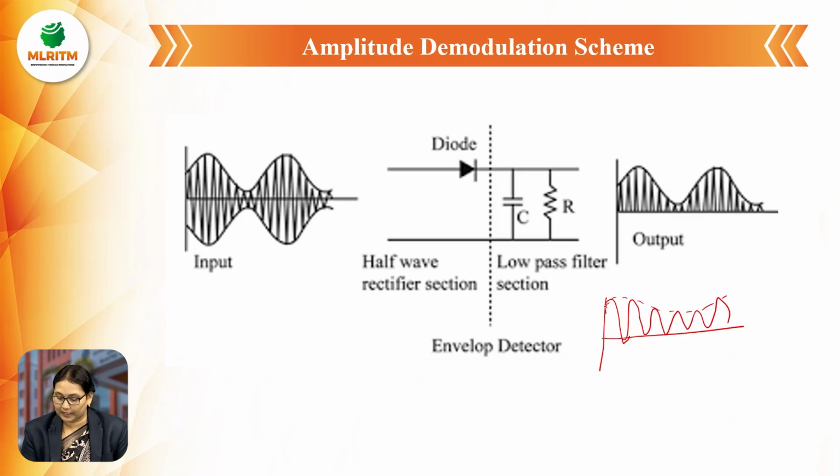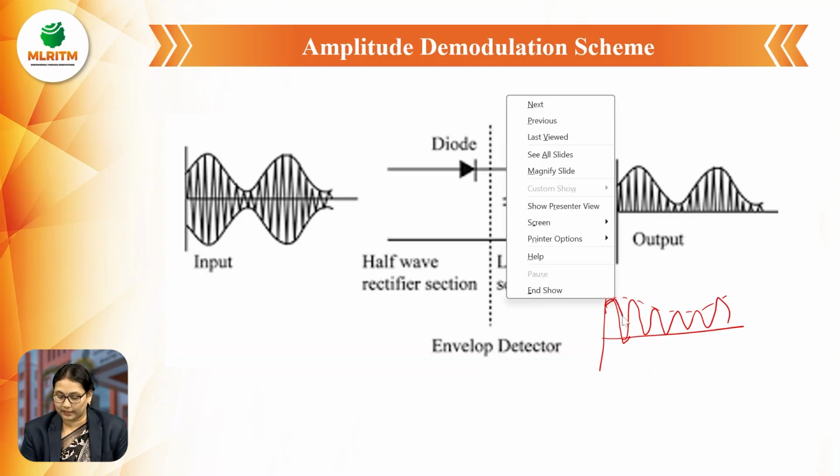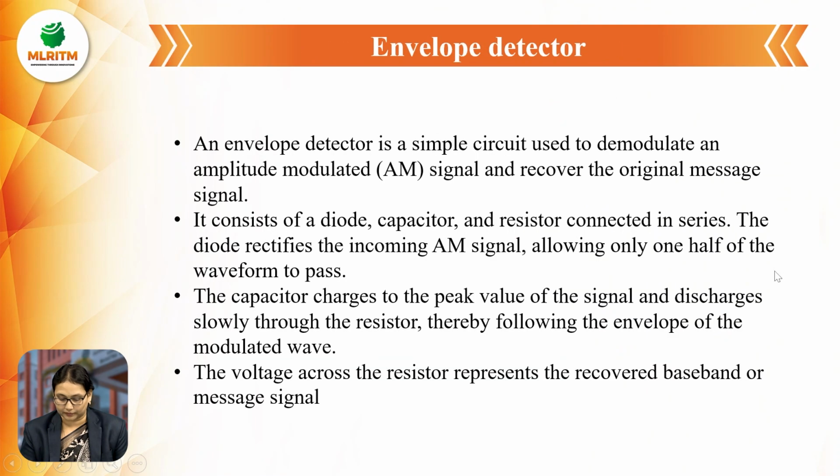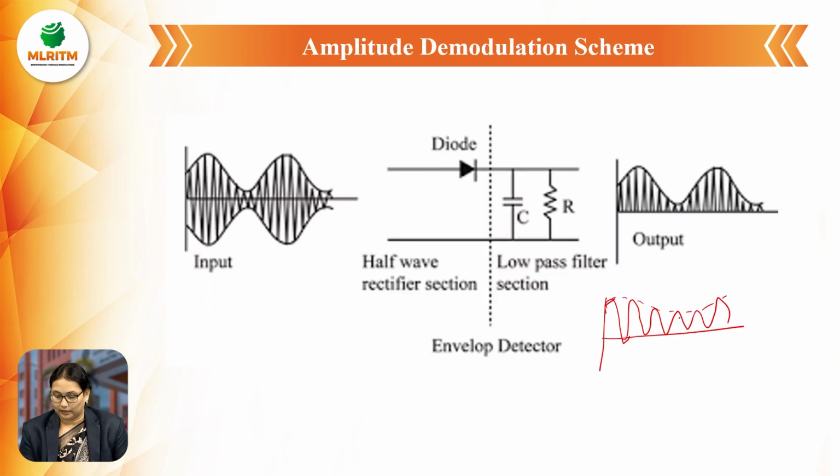For the positive peak, the capacitor charges. When the negative peak comes, it discharges. For the positive peak, it again charges. For the negative peak, it discharges. Charging of the capacitor happens when the diode is conducting. When input is positive, the diode will be in on condition.